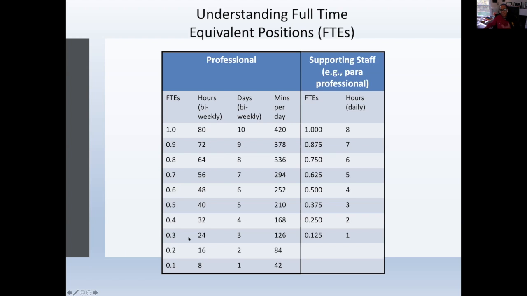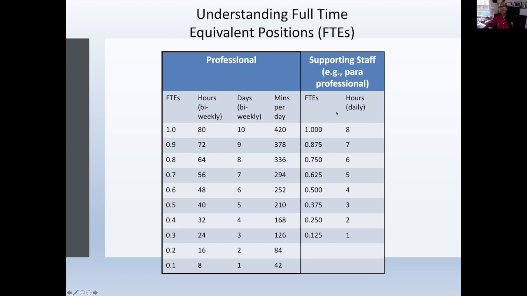So in this example, I might be full-time, but I am 0.7 at school A, and this is how it plays out with the hours biweekly, the days biweekly, or the minutes per day, and then I'm 0.3 in my other school. If I am a full-timer that's split like that, there have to be conversations between the two principals and the teachers about how that's going to work. But to have the conversations, you have to have in your mind how full-time equivalent positions can be quantified related to the amount of instructional time that teacher has available to provide.